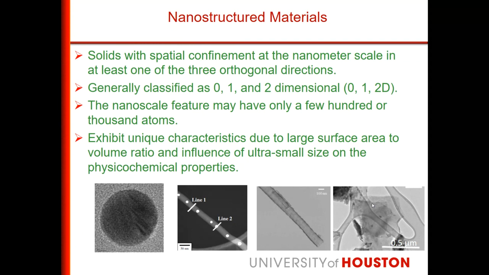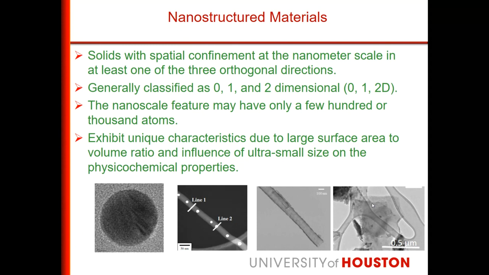For example, if you take an ultra thin sheet, where the thickness of the layer is in nanometers or angstroms, the other two dimensions can be anything. It can be millimeters, meters, or kilometers. But as long as the thickness is less than a few tens of nanometers, we call it a nanomaterial.